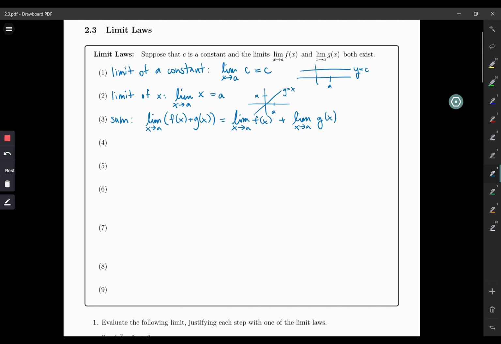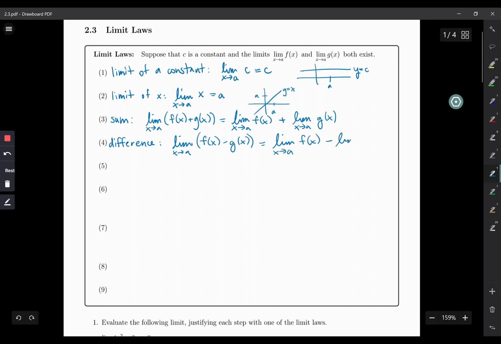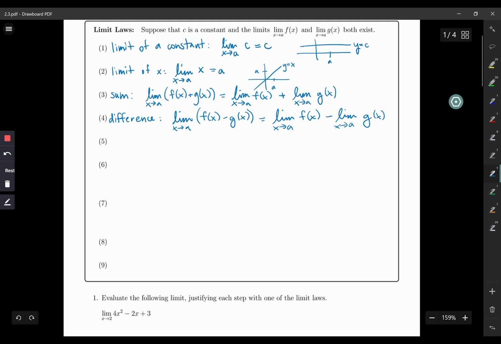Then similarly, if we have the difference of two functions, the limit as x goes to a of f of x minus g of x, then that is the limit as x goes to a of f of x minus the limit as x goes to a of g of x, like that.